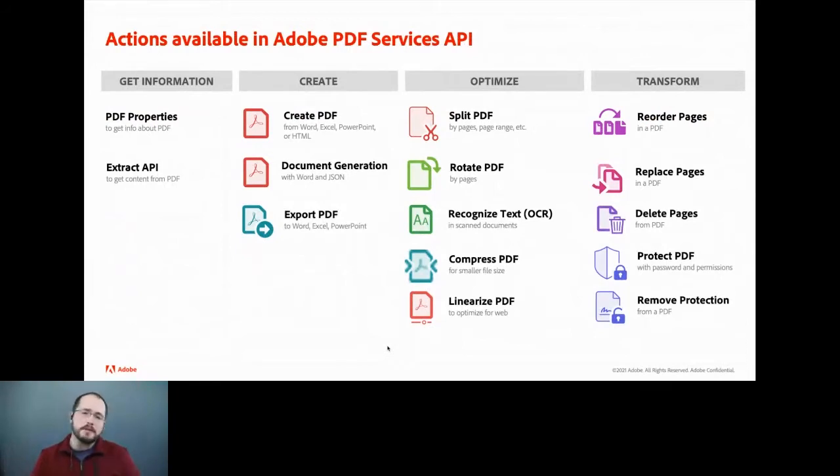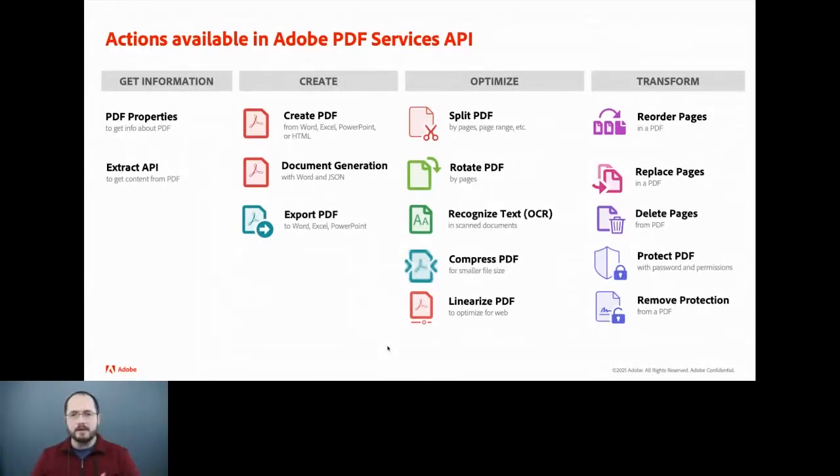Now, one of the first things that you can do is use our PDF Properties API, which allows you to get information about your PDF: whether it has been OCR'd, how many pages it has, what fonts are contained in there, whether it is certified or signed. All that information we make available as part of PDF Properties, so it can help inform what type of actions you need to take on your document.